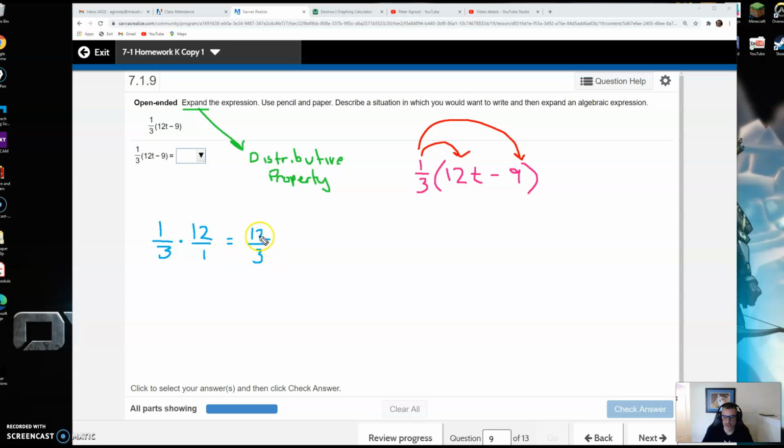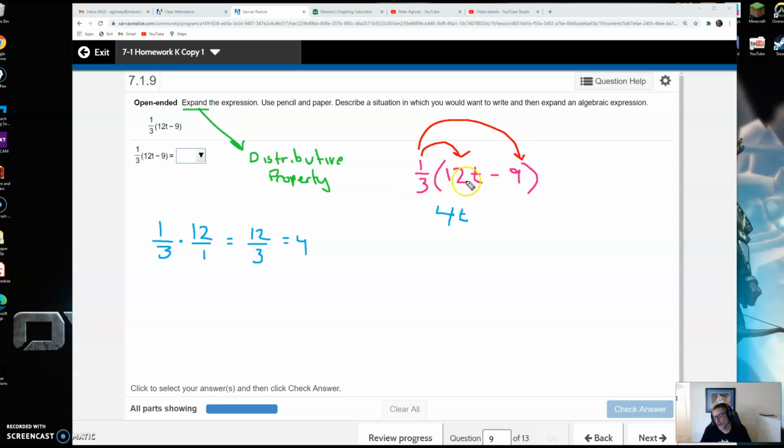Then we need to simplify. Remember, a fraction is a division problem, so this literally means 12 divided by 3, which is equal to 4. So when you distribute here, 1/3 times 12t, you end up with 4 t's.